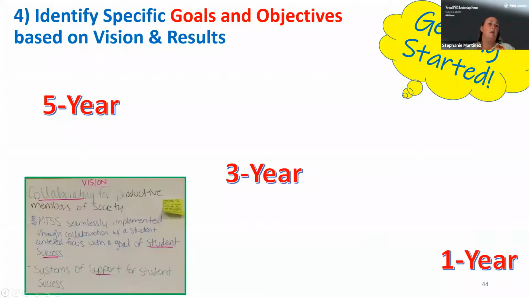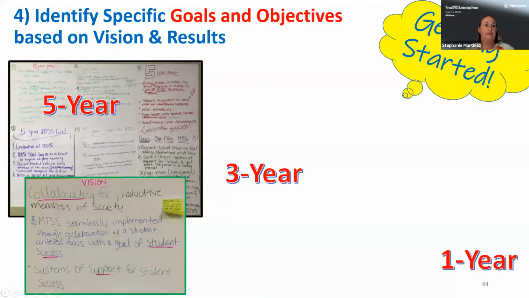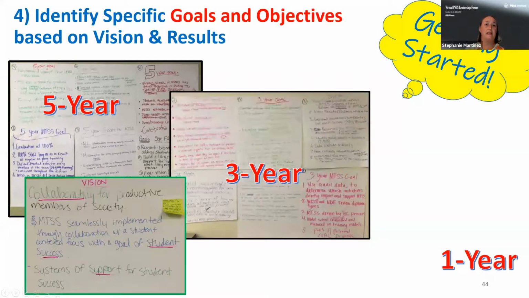Then the next thing we want to talk about is coming up with some specific goals based on your vision and mission. You can see here some different samples of what schools have done to come up with what they would like to see at the end of 3 years, and at the end of 5 years. One of the things we recommend is to try to make it observable and measurable, and something that's realistic as well.